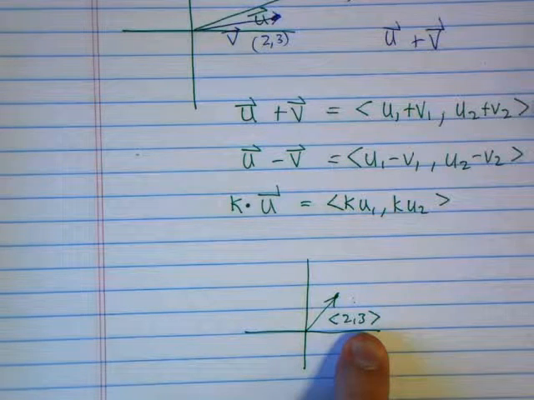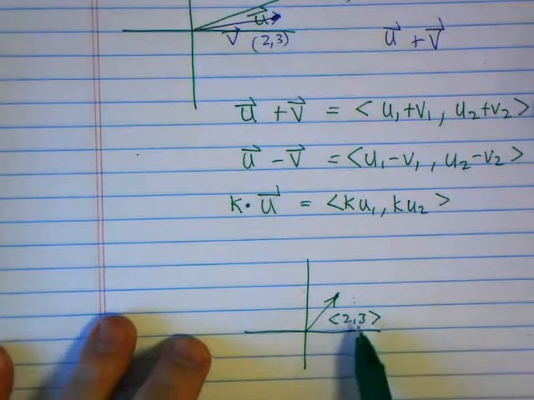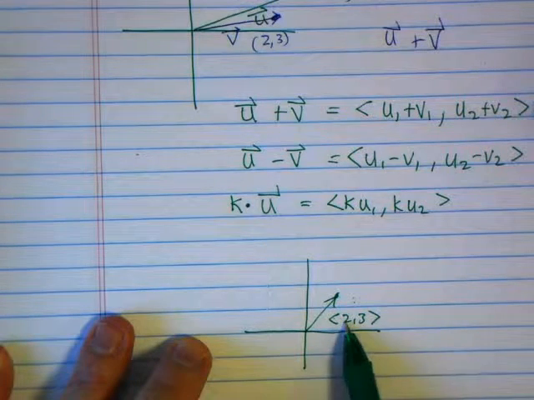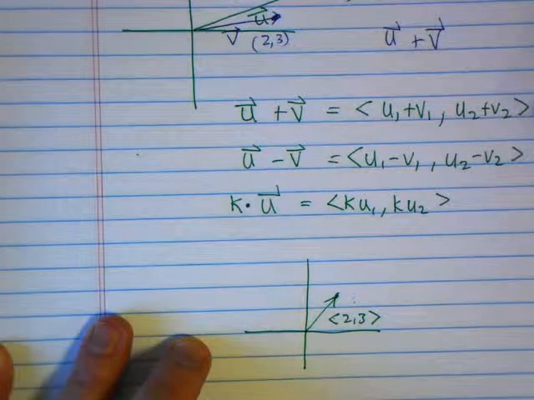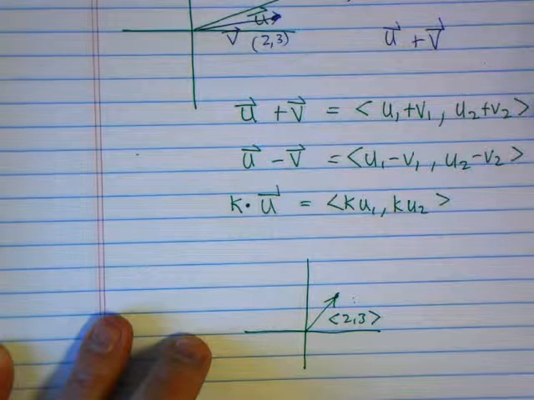What's that vector going to look like? What about the direction? Different? I think the direction would be exactly the same. What's the slope of this vector? How do you find slope? Not a trick question.